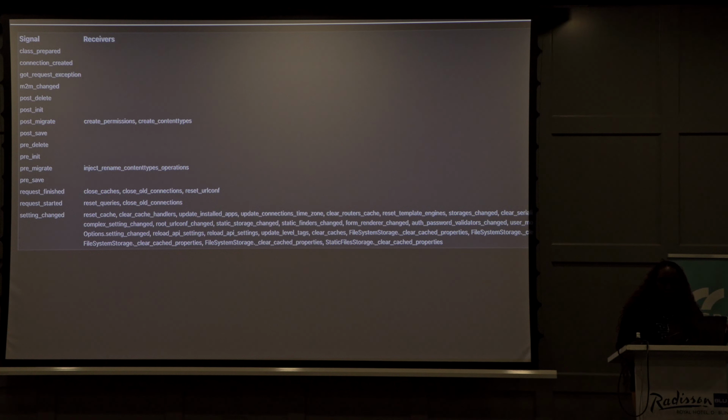So the common ones, as I was mentioning, include class prepared, which is a signal sent when a model class is fully prepared, because we have models in our app. And then we have connection created, which is a signal sent when a new database connection is created. The got request exception signal is sent when an exception is raised during the processing of a request. If you're having any errors, or there need to be notifications or cleanups, that is what is sent.